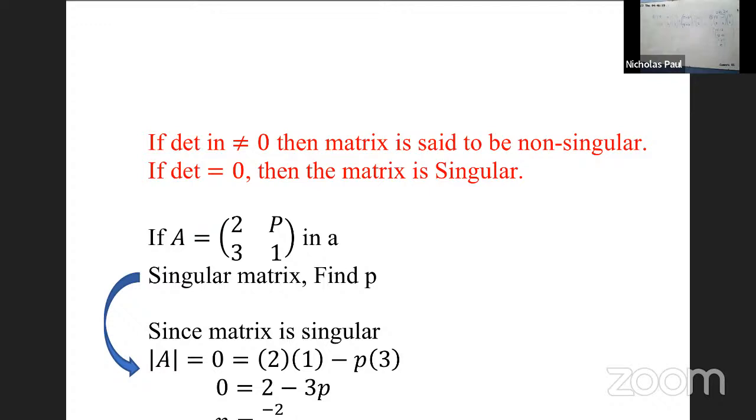If it's 0, it's singular. If it's not 0, it's non-singular.